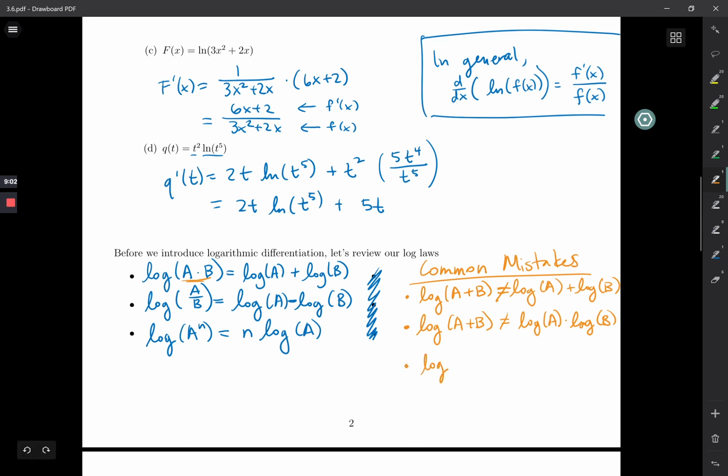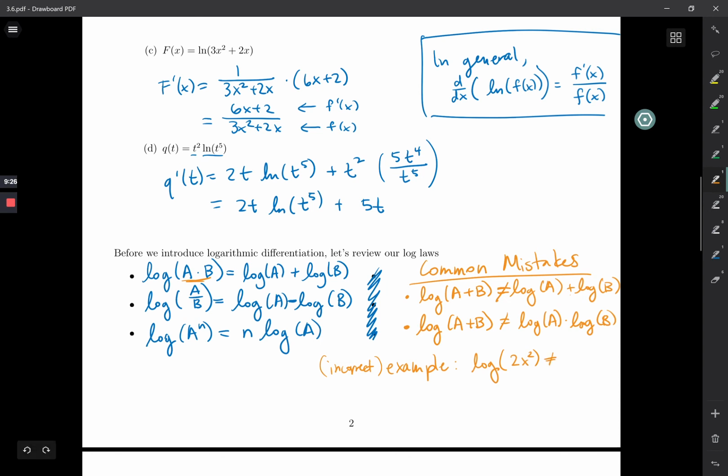And then also, this one's easier to demonstrate with an example. An incorrect example would be log of 2x squared, and seeing that exponent, just taking it out front, right?